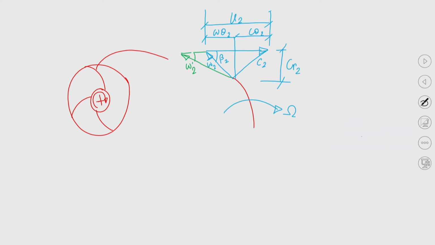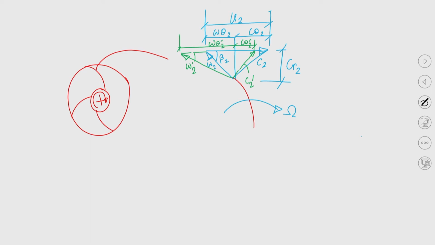So, you can see now this C2 will be now here. So, this is C2 prime and this is C theta 2 dash and this will be W theta 2 dash.